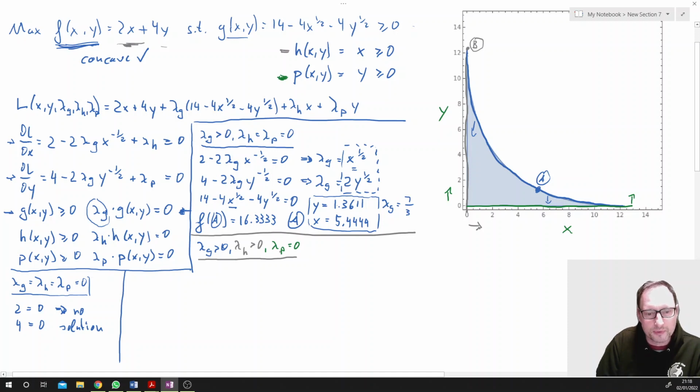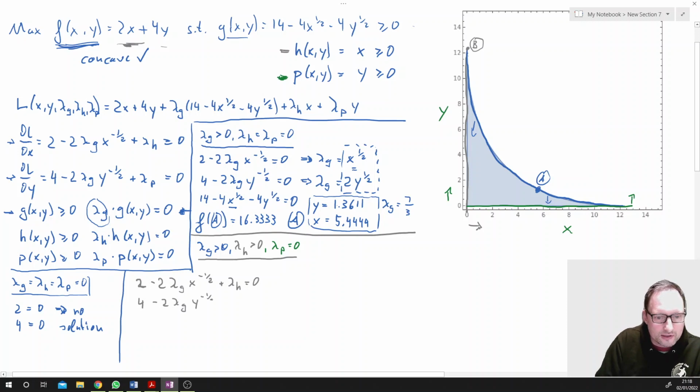We're saying we're not on p, so it means the lambda g and the lambda h survive. So from the first equation we're getting 2 minus 2 lambda g x to the negative a half plus lambda h is equal to 0. The second constraint is 4 minus 2 lambda g y to the negative a half.